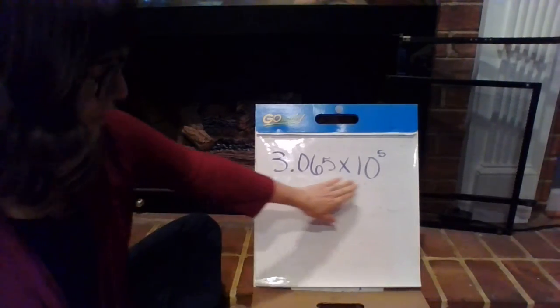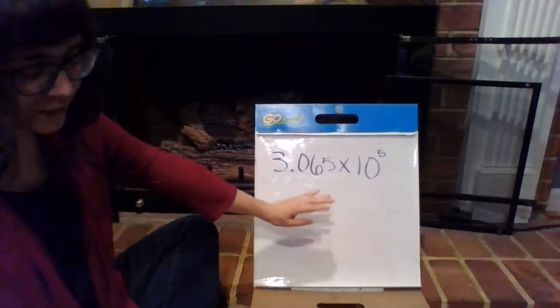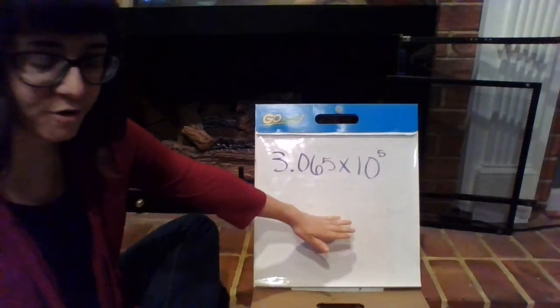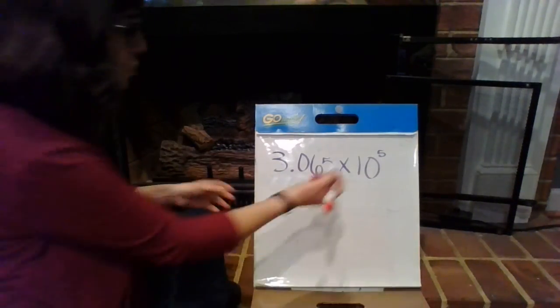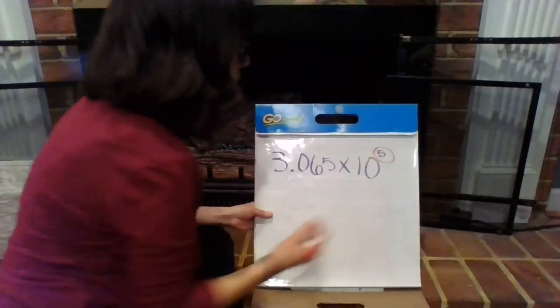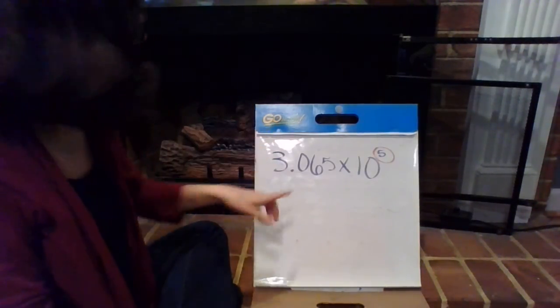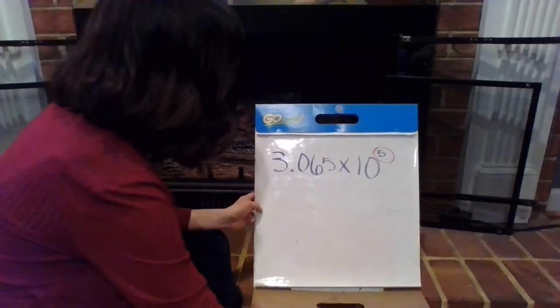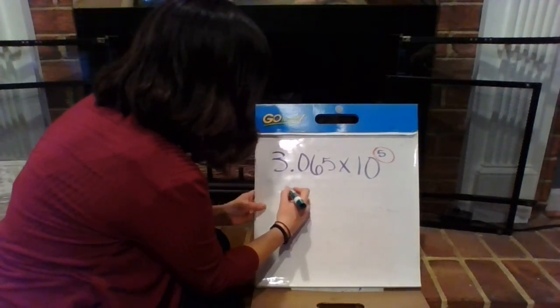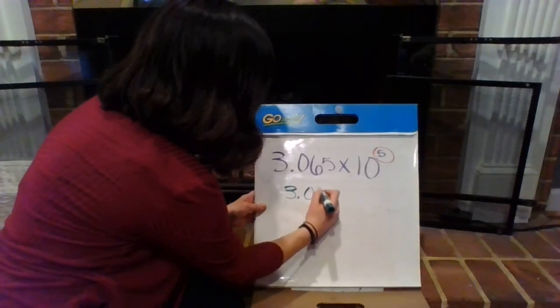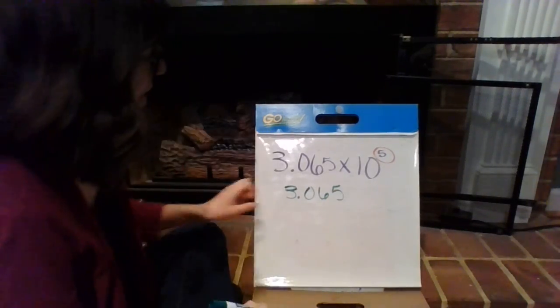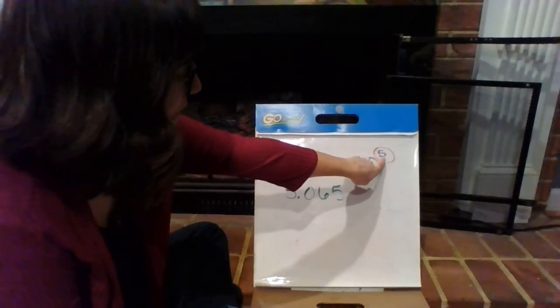Okay, so we just have this problem, and it asks, what is this number written in standard form? The same process as before. I know that 10 to the 5th power is 10 times 10 times 10 times 10 times 10, 5 times. So I can rewrite my number that I'm multiplying by, and I'm going to move my decimal 5 places.